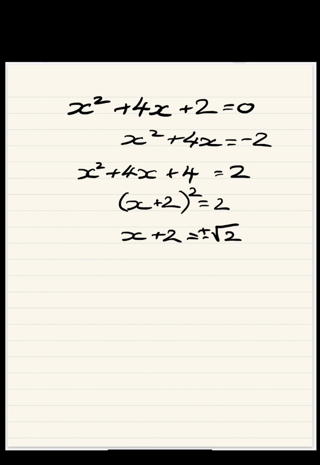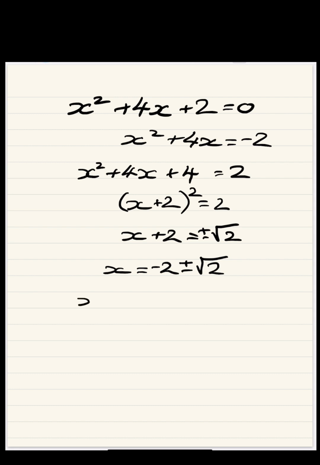Now, on our last example, because 9 was a square number, I ended up with a nice whole number. But this time we've got the square root of 2, which is a surd. So I'm going to leave it exactly as it is. Now I can isolate my x. I'm going to subtract 2 from both sides. So I'm going to have negative 2, add or subtract the square root of 2.